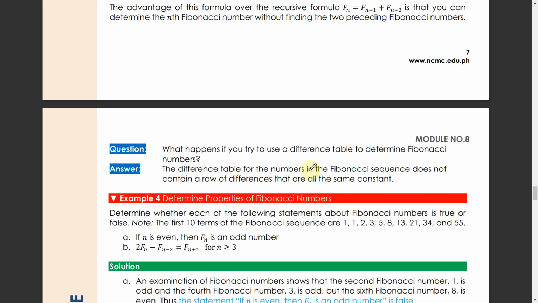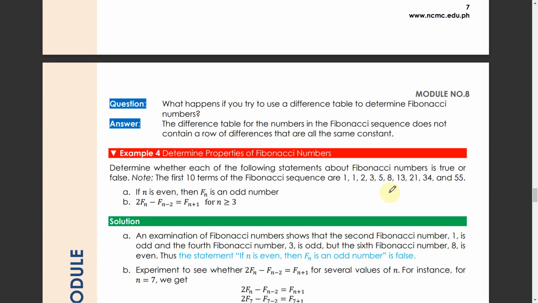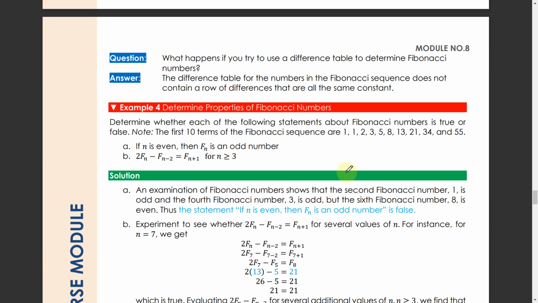So the difference table for the numbers in the Fibonacci sequence does not contain a row of differences that are the same constant, no? You need to keep subtracting. So if you are given these Fibonacci numbers, you subtract, subtract, subtract. It will not give you the same number. Your goal when subtracting is to stop once your answer is the same. But with Fibonacci numbers, if you keep subtracting, you will never reach that. So you cannot use a difference table.